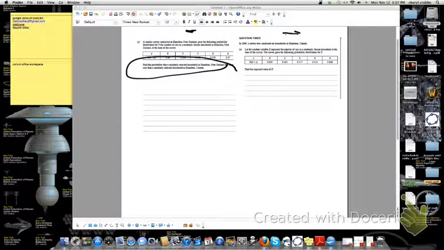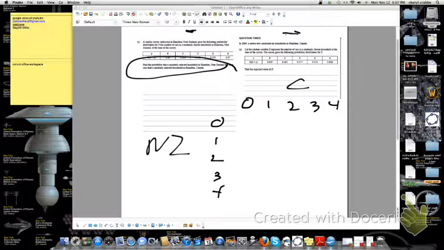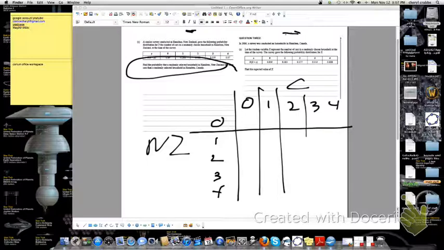So there's a number of ways that you can look at this. The options for both of these is that they have 0 cars, 1 car, 2 cars, 3 cars, 4 cars, and let's say that's for Canada, and 0, 1, 2, 3, 4 for New Zealand. Now, I don't know what the best way to set this up is, if it's a tree diagram or a table or whatever, but basically we need the probability in every instance where New Zealand has more cars.